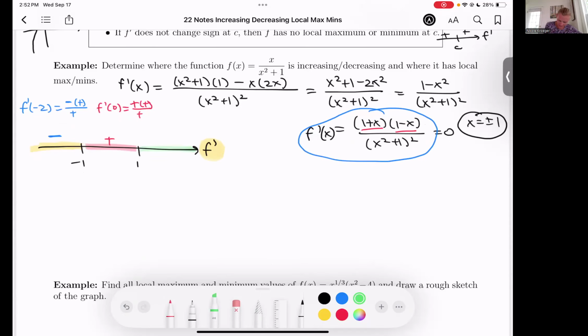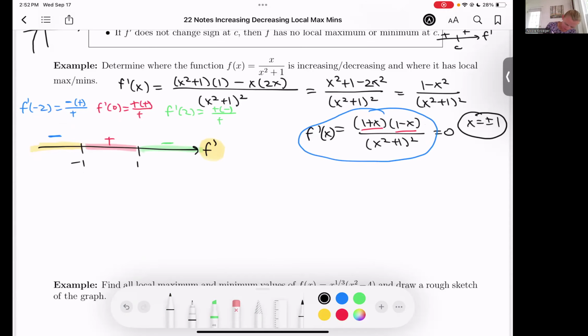And then one last sign to figure out, something bigger than 1. Let's plug in 2 to the derivative. Denominator, again, still going to be positive. 1 plus 2 is positive. 1 minus 2 is negative. So my overall sign here will be negative.